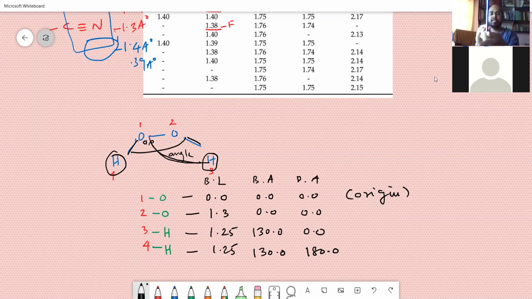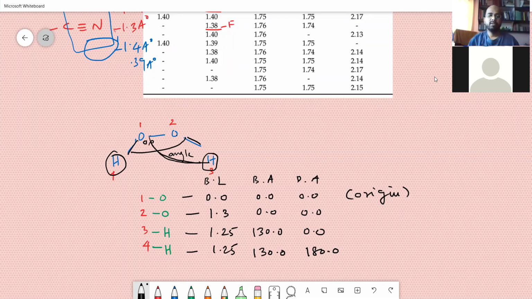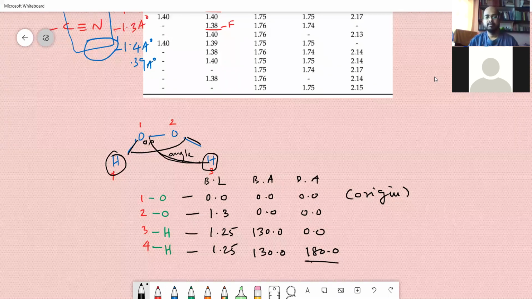If you see along the same axis, it is 0. If you rotate it, there is a central bond like this. If you rotate it like this, it becomes 90. If it is quite opposite, like the chair shape, if it goes opposite, it will be called 180 degrees.